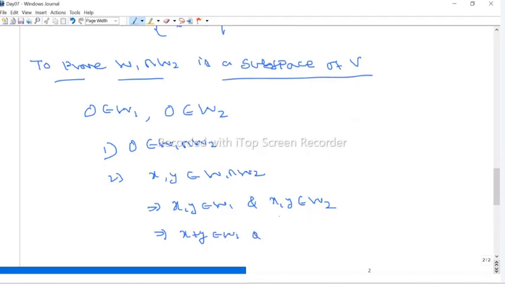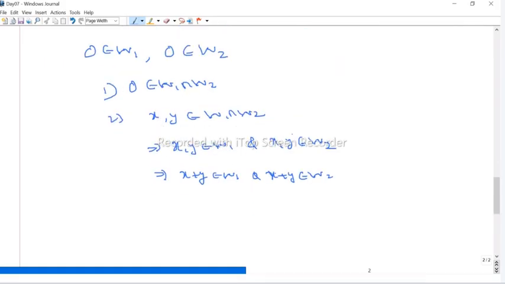Since W2 is a subspace and x, y are elements of W2, the sum x plus y is also in W2. Since this x plus y is an element of both W1 and W2, it should be in the intersection. Therefore, x plus y belongs to W1 intersection W2. Okay, so now we have proved that the sum is there.